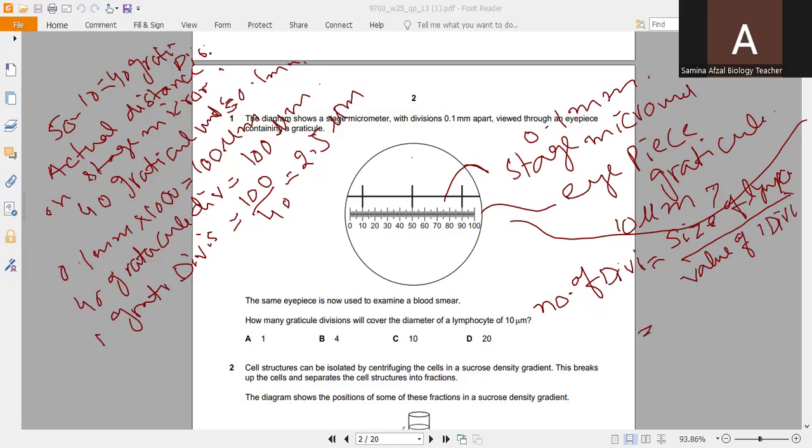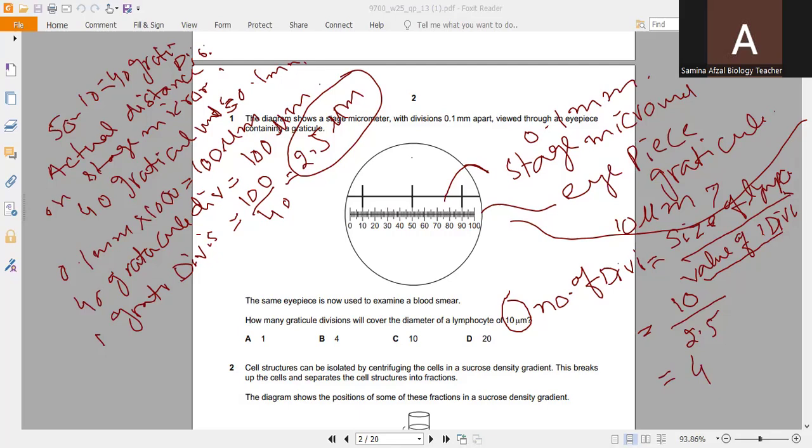The size of the lymphocyte is 10 micrometer, so it will be 10 divided by the value of 1 division, which is 2.5 micrometer. It will be equal to 4.